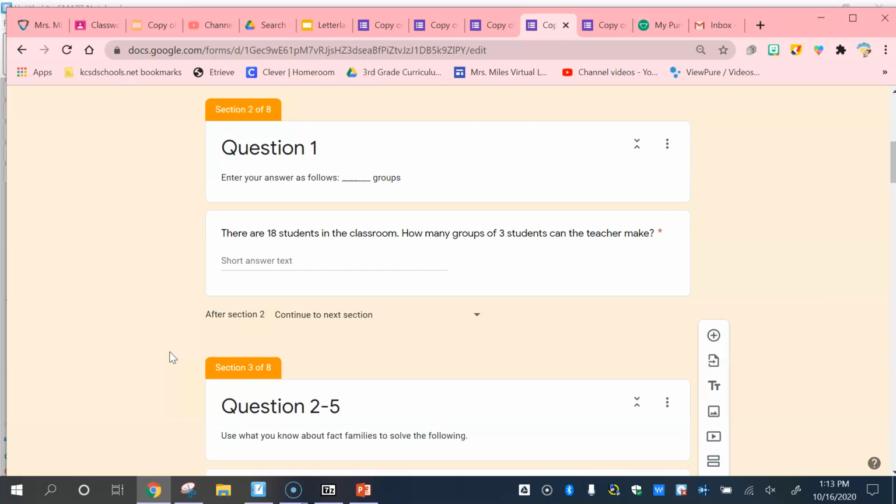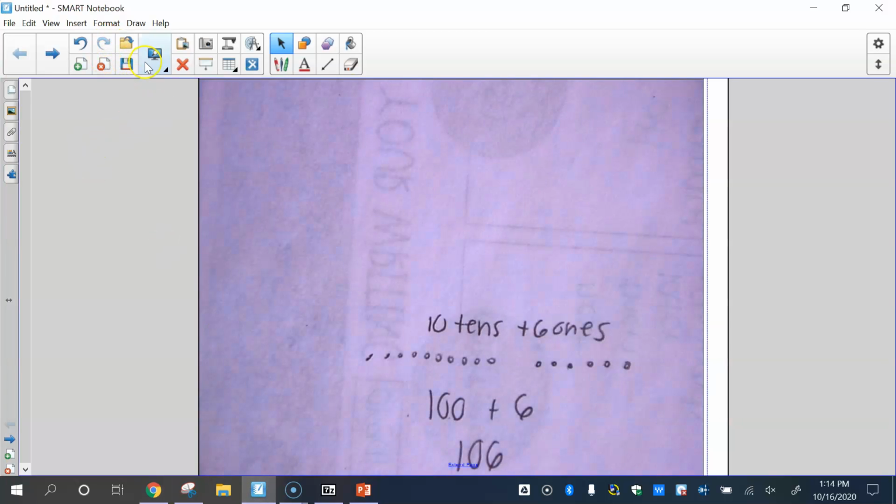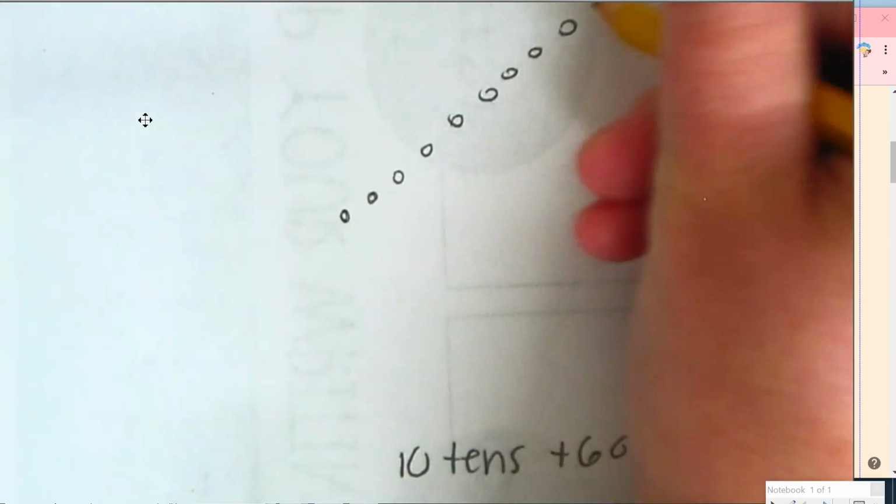There are 18 students in the classroom. How many groups of 3 can the teacher make? So let's see. If there are 18 kids in the classroom, 1, 2, 3, 4, 5, 6, 7, 8, 9, 10, 11, 12, 13, 14, 15, 16, 17, 18.